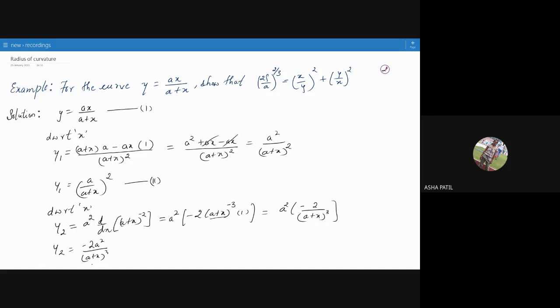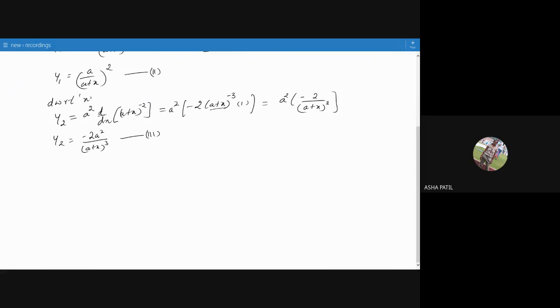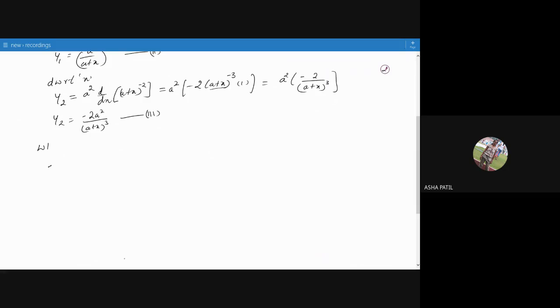So we got the value of y1, we got the value of y2. Let us call this equation 3. Now let us substitute y1 and y2 in the formula for rho, which is given by rho equal to (1 + y1²) raised to 3/2 divided by y2 for the Cartesian form of the curve. So the formula for rho is this.